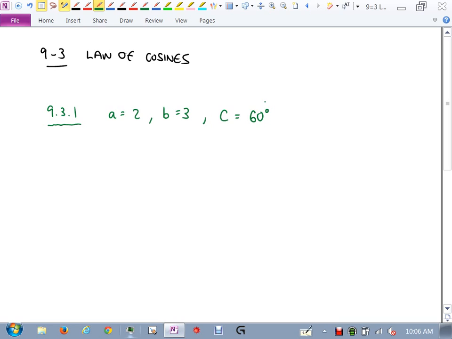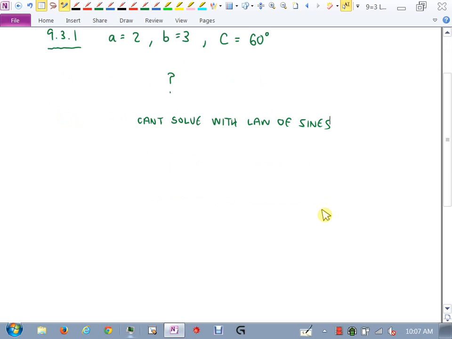So because of this, we needed to come up with a different formula that would work in this scenario, and that is what law of cosines is. So right here, question mark, can't solve with law of sines. Let me give you what law of cosines is.